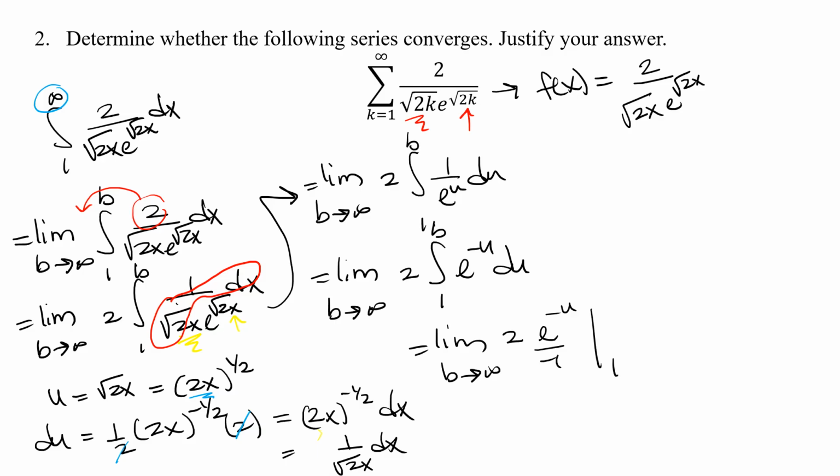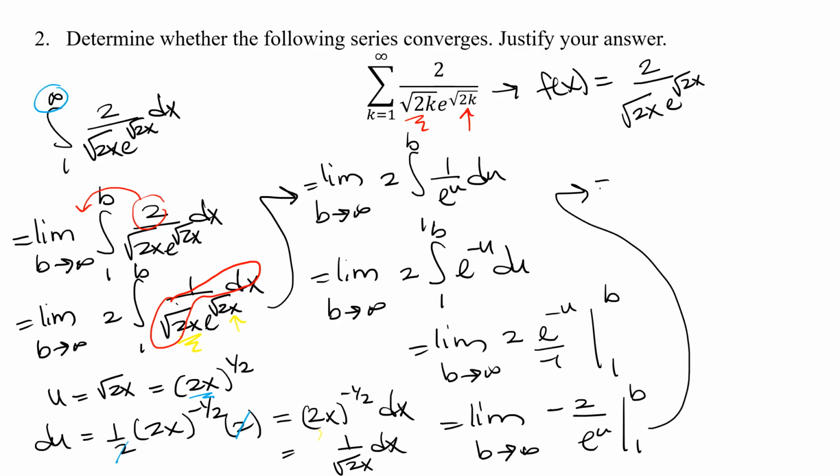So then evaluating that from 1 to b, we have the limit as b goes to infinity of negative 2 over e to the u, evaluating from 1 to b. Now go ahead and plug in the bounds: negative 2 over e to the b, then minus negative 2 over e to the 1.